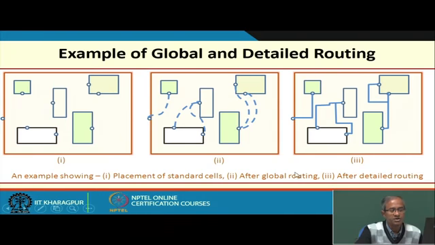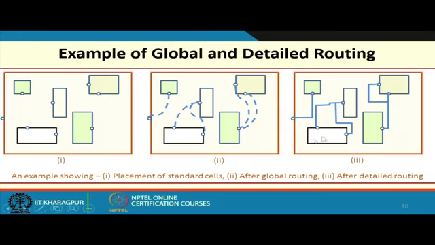So, it approximately tries to find out a path. This is global routing. Once global routing is done, each of these individual regions you consider one at a time and try to complete the exact wiring. Here I am showing all the wirings on the same layer, but when we took that example of channel routing, you recall I used two different colors to show the wires running on two different layers, one horizontal, one vertical.